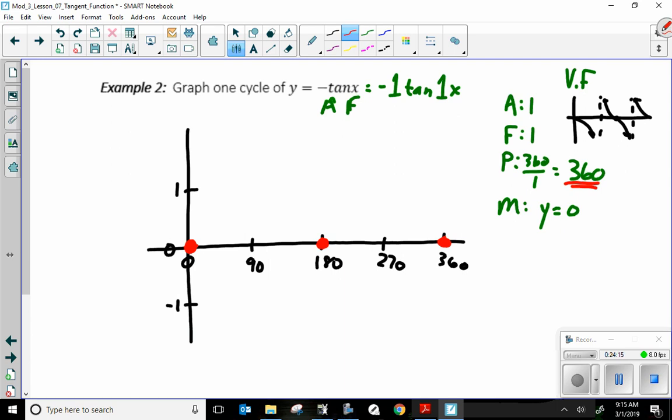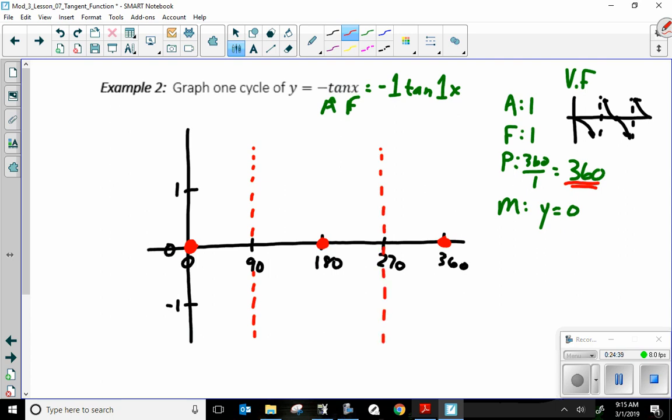The only difference is, if I was graphing sine, I'd have my high point and my low point between the zeros, or in this case, with a negative sine, my low point and my high point. Here, it's not a low point and high point between the zeros. It's the asymptotes.